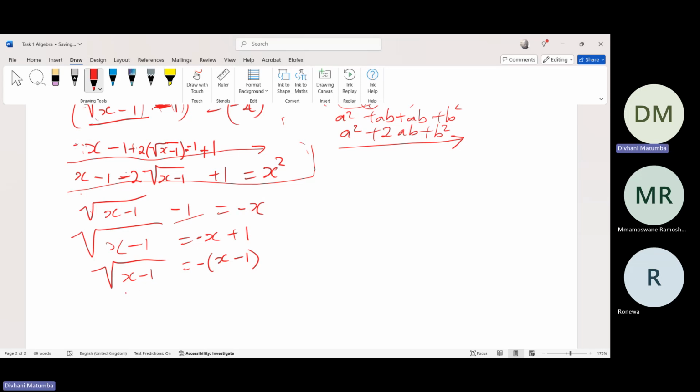Do you agree? Yes. Then if we square both sides, we're going to have x minus 1 equals x minus 1 squared. Do you agree on that one?